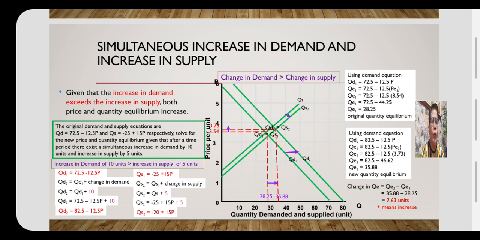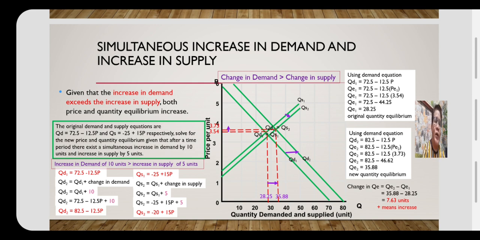And to solve for the original quantity equilibrium, we have to use the original demand equation as our reference equation. So the original demand equation is 72.5 minus 12.5p. In order to solve for the original quantity equilibrium, we have to substitute the value of the original price equilibrium to P of the original demand equation. Thus, we now have 72.5 minus 12.5 times the price equilibrium original.